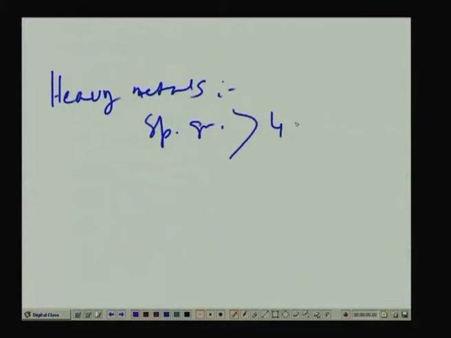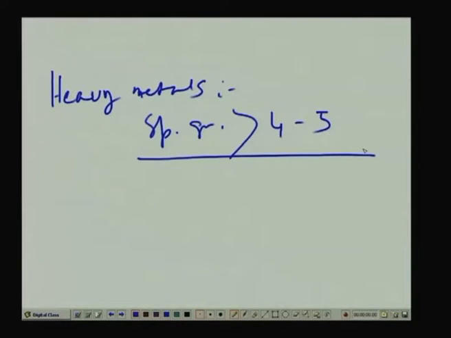Here it is the heavy metals. Heavy metals are generally those with a specific gravity of more than 4 or 5.